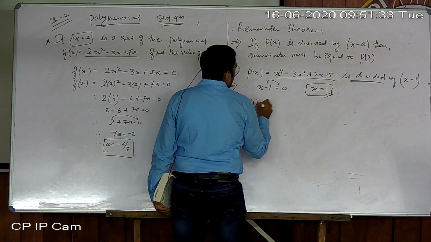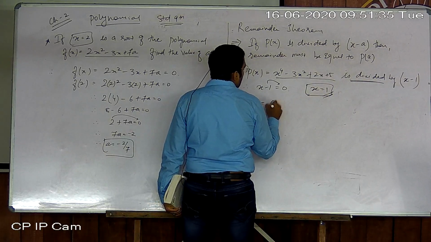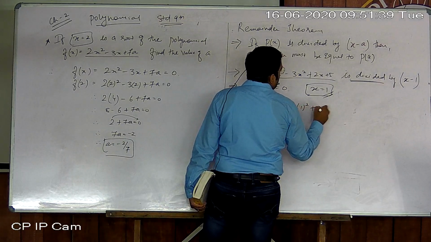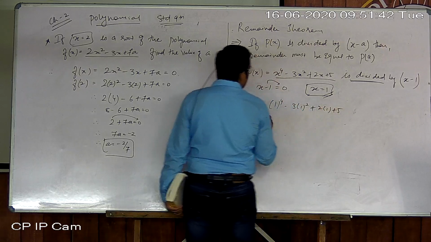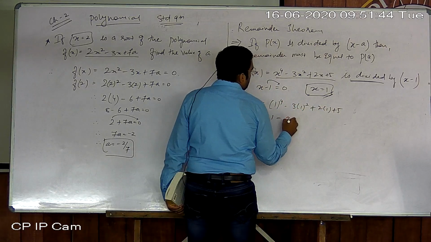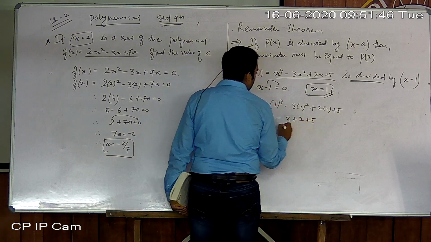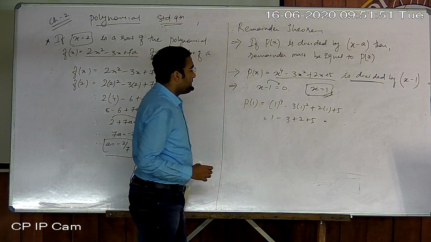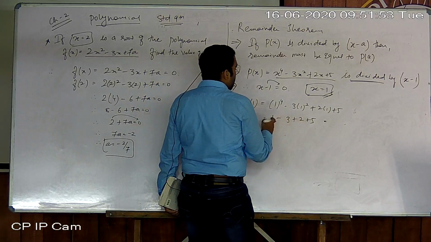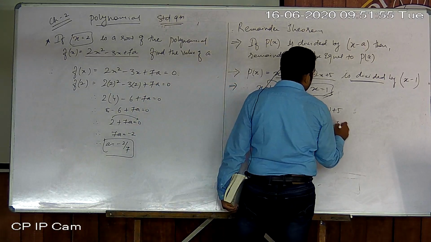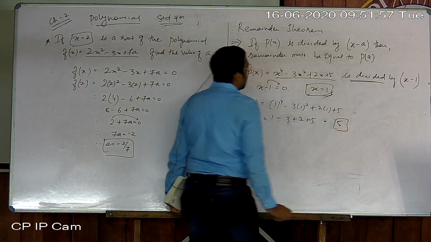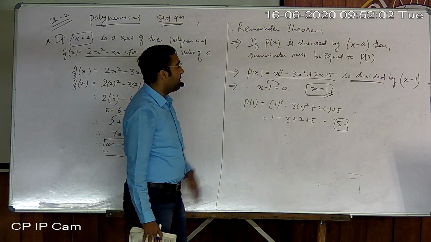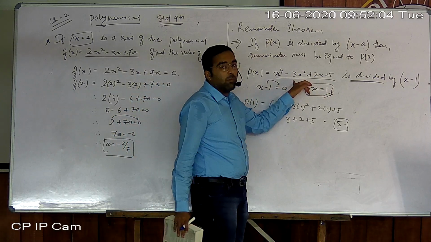So P of 1 is equal to 1 raised to 4 minus 3 into 1 square plus 2 into 1 plus 5. So 1 minus 3 plus 2 plus 5, that is 5. Your remainder will be 5 whenever you divide the given polynomial by x minus 1.